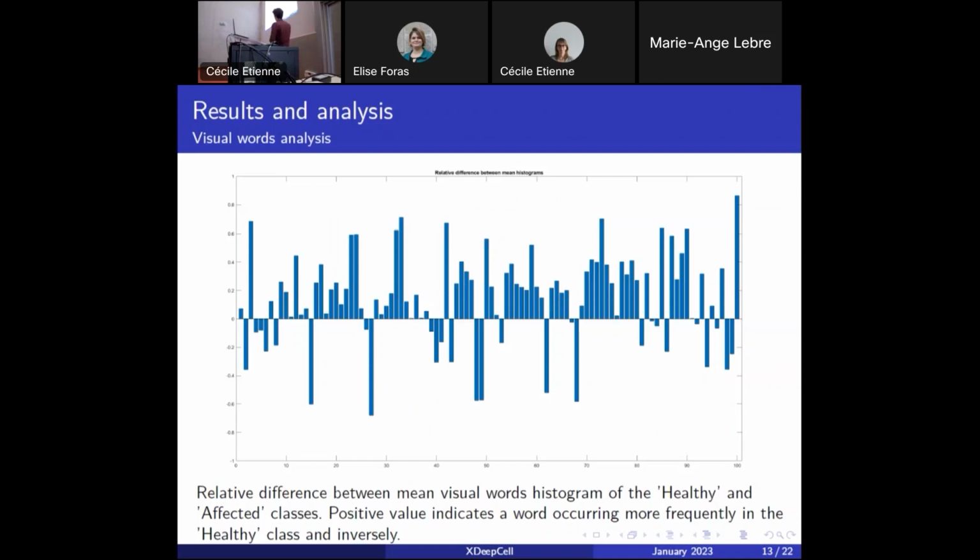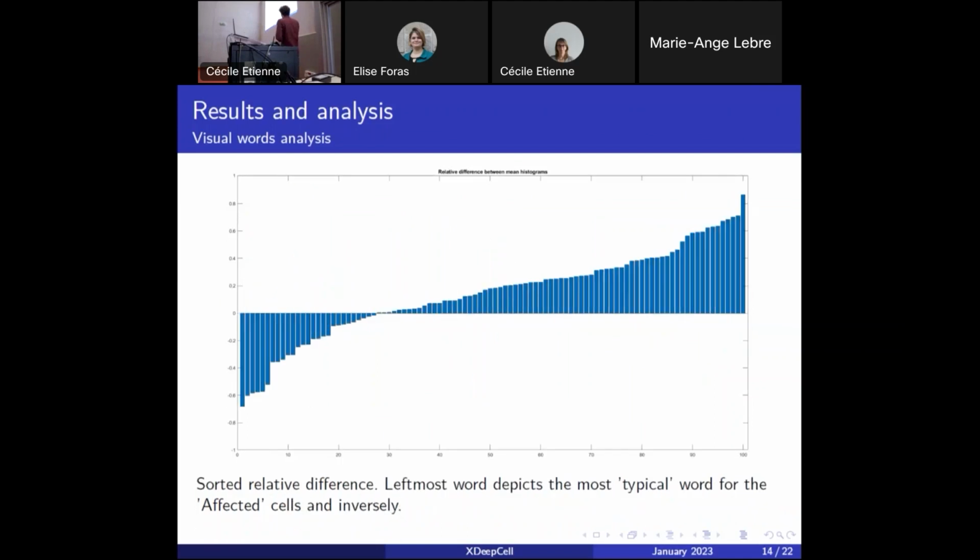If there is a positive value, it means that this visual word appears more in the cells that are considered healthy by the classifier. And inversely, a negative value means that this is a visual word that appears most of the time in an affected cell.